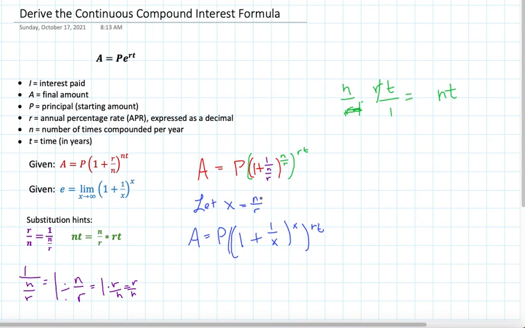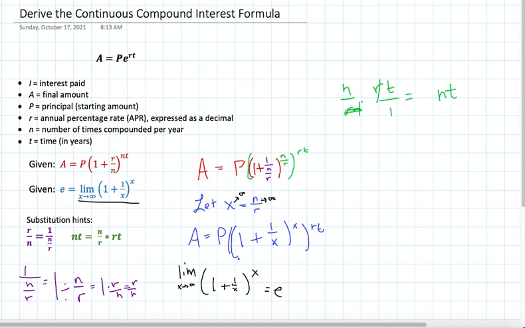So eventually this n is going to go to infinity. And if n goes to infinity, that means x is going to infinity. So I can look at this and say the limit as x approaches infinity of (1 plus 1 over x) raised to the power of x is going to equal e.